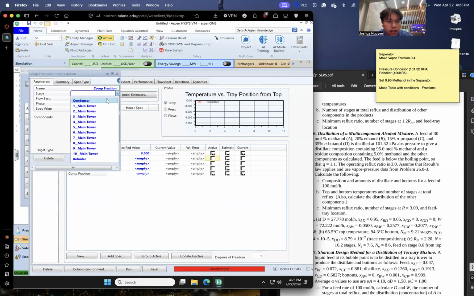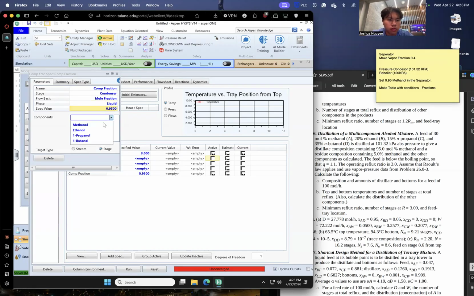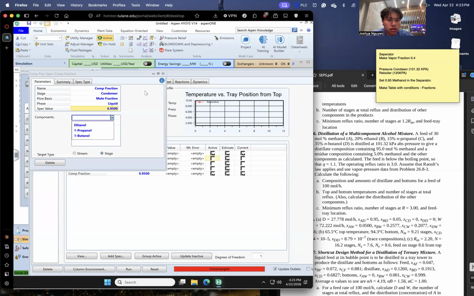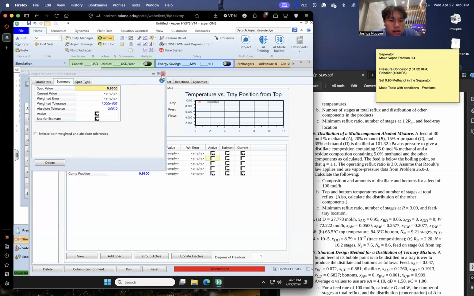So the stage out of the condenser should be, I think I said total reflux, so liquid. Spec value, 5 methanol. And let me check that to make sure that's all good.